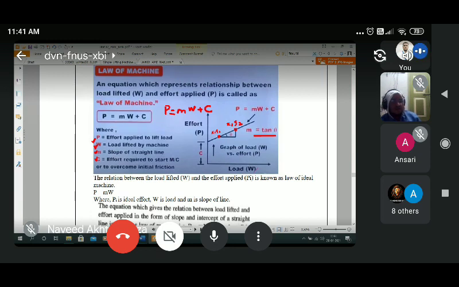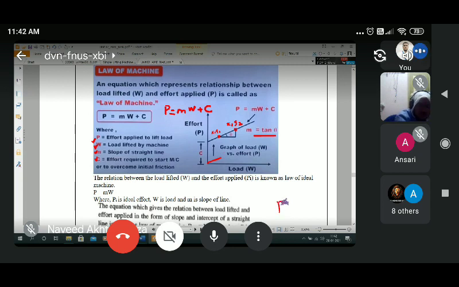Now if you apply this law of machine to an ideal machine, then P is equal to mW, because in an ideal machine this line will start from the origin, and we don't need effort to start the machine because the surface is frictionless. So therefore, for an ideal machine, we don't need an initial effort.